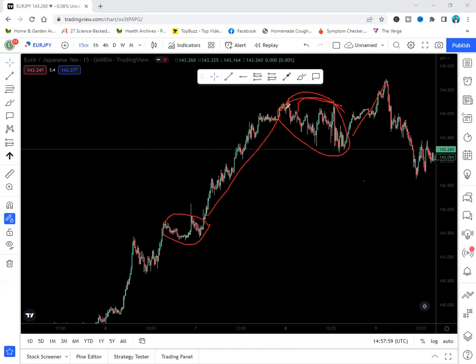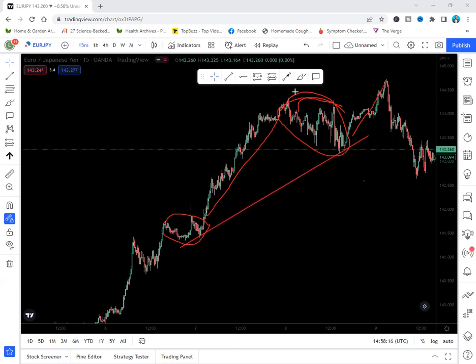Now, if someone is going to draw a trend line, this is how the person will draw the trend line. He's going to use the two most recent correction areas as a trend line.